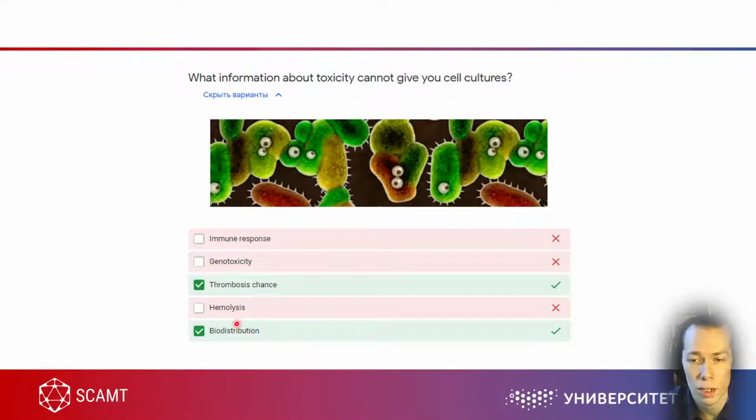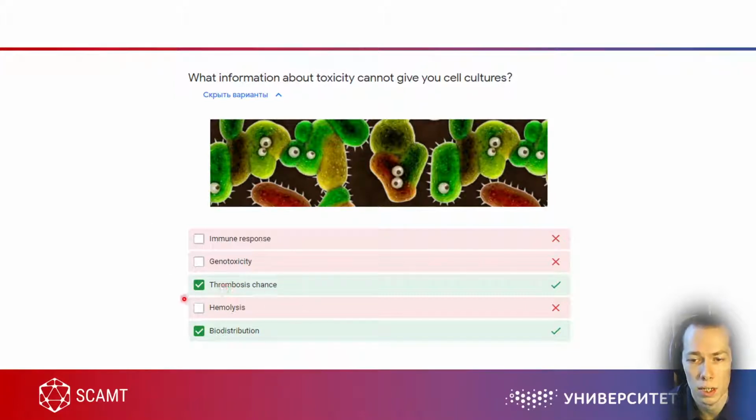And obviously we cannot observe biodistribution because biodistribution is a feature of a whole organism, not of separate cell cultures. But all of the other things we can observe using cell cultures.